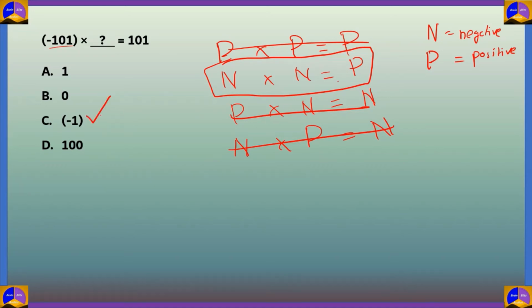This will be true because the negative signs cancel each other, so minus 101 times minus 1 will be equal to 101 because the minus signs will cut each other, and we end up with 101 times 1, which equals 101. So the correct option is option C, minus 1.